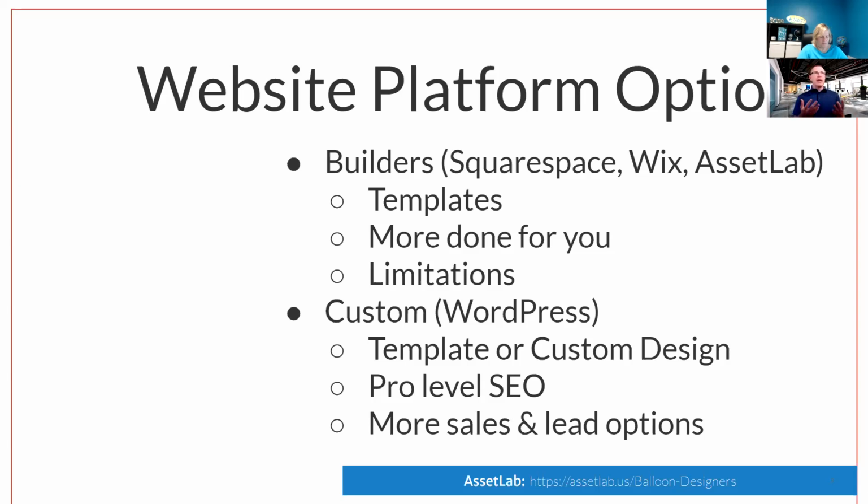So really the key difference between a builder and a custom website platform is the amount of flexibility you have. When you get into a world where there's more capability and more flexibility, it's going to cost you more, but you've got an additional capability and flexibility that you wouldn't have had before.